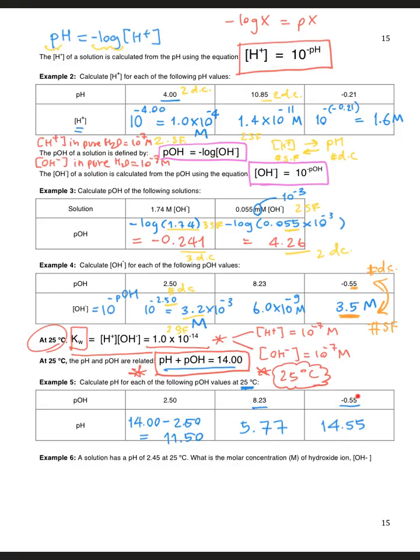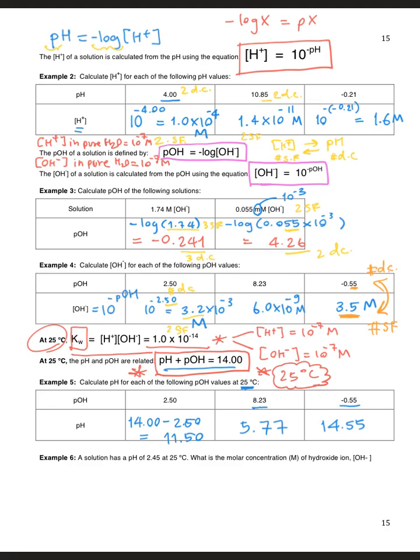Right? So the negative will not play any role in this because it just tells you that it's a very, very basic solution. And as you see from the pH as well, the pH is out of scale because it's very basic. As long as these two add up together to equal 14, this is still reasonable.